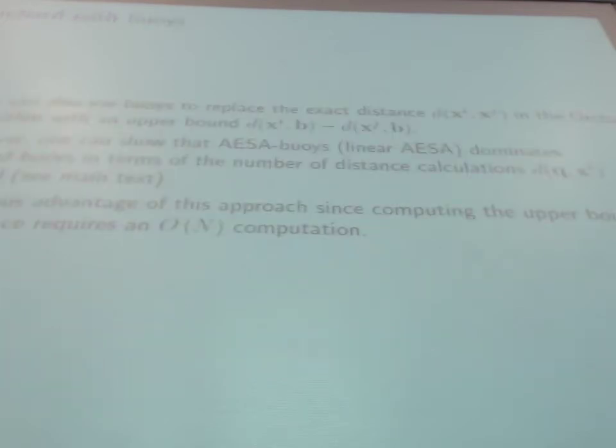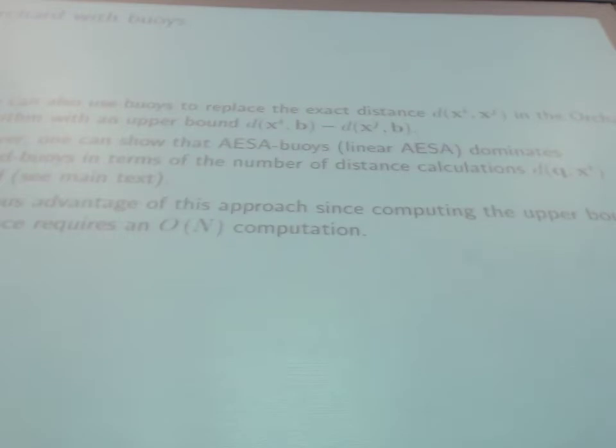You can also think about doing the orchard with the boys, but I believe that this is not useful actually. If you want to read the PDF about that, I try to explain why I think that's not useful. I believe that the linear ISA dominates the orchard with boys algorithm. But feel free to take a look.